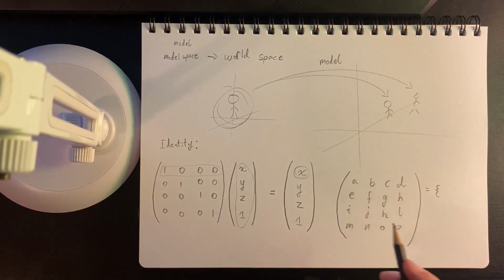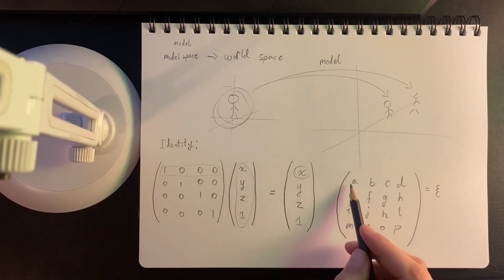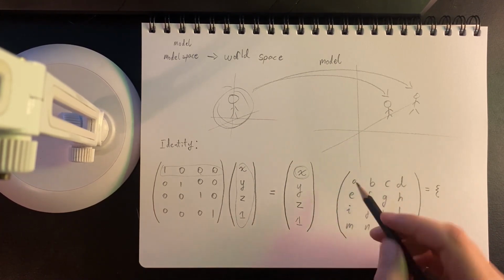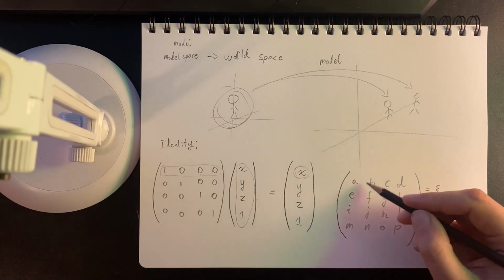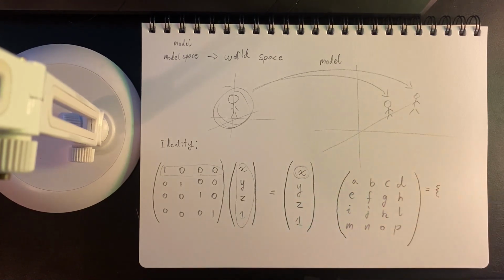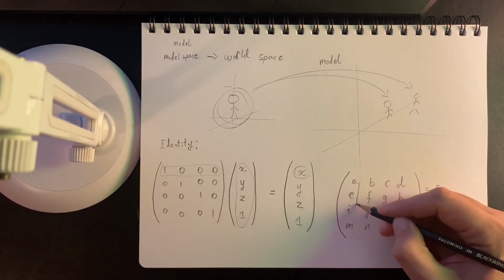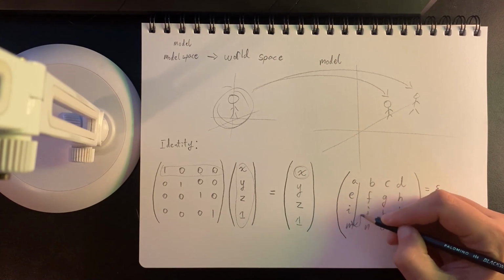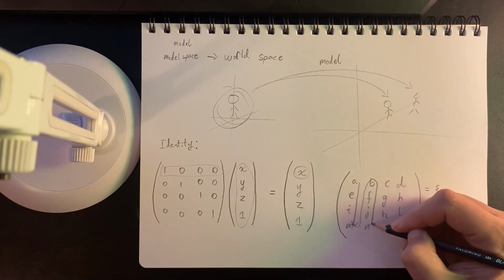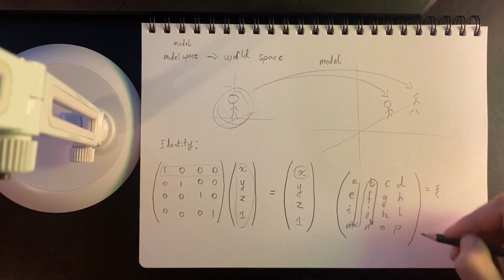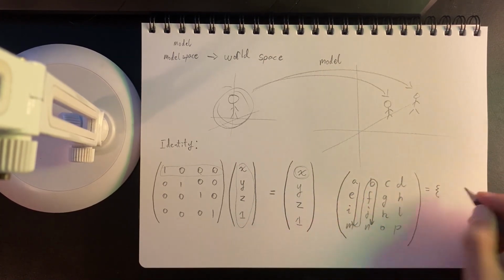But then the question is, do we read this left to right, top to bottom, or do we read it top to bottom, left to right? As it turns out, in OpenGL, it's expected that matrices will be stored in what's called column major order. So that would be down, and then looping around to the top, and then back, and so on and so on. So again, if we were to write this out as an array of floats, it would be in this order.